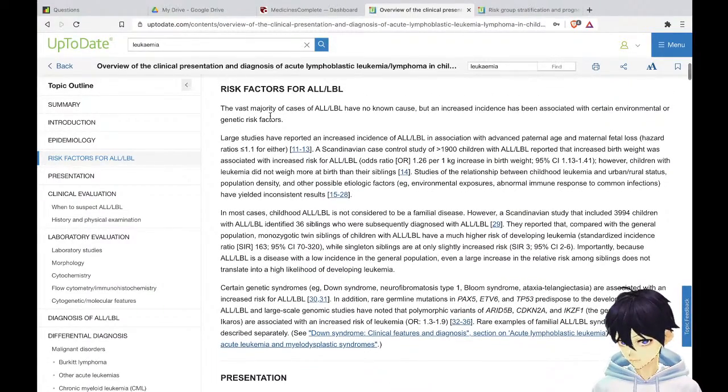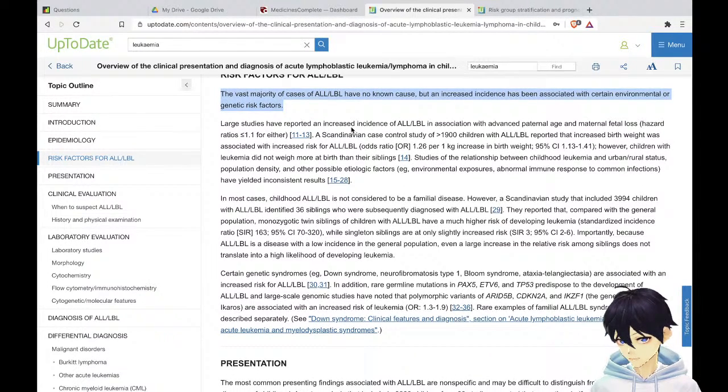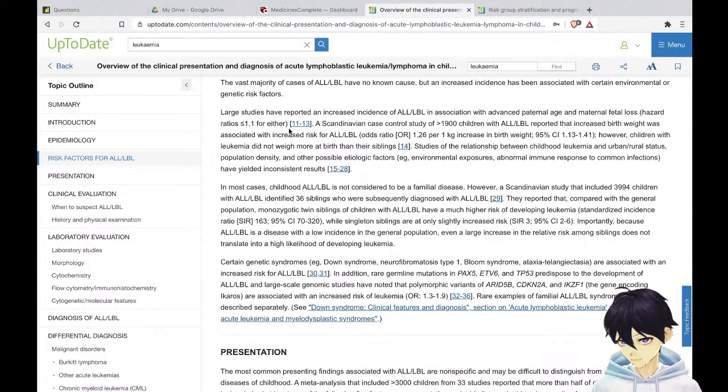Risk factors. The vast majority of cases of ALL, LBL have no known cause, but an increased incidence has been associated with certain environmental or genetic risk factors. Large studies have reported an increased incidence of ALL, LBL in association with advanced paternal age and maternal fetal loss, hazard ratios less than 1.1 for either.